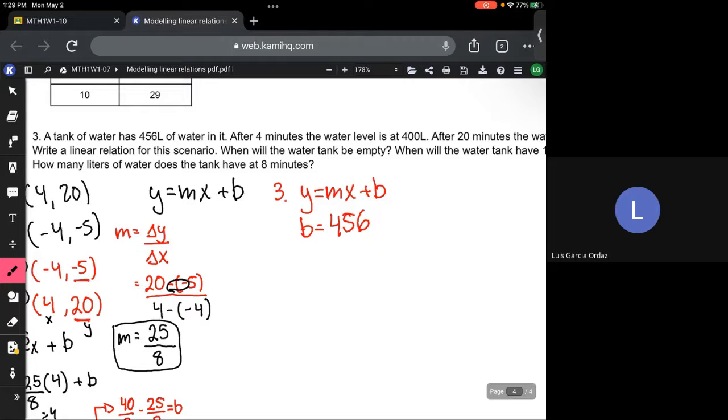If my water has 456 liters when 0 minutes has passed, how would I write that as a coordinate? Yep. So at 0 minutes, we have 456 liters. Do we have another point in this question? If so, what is it?